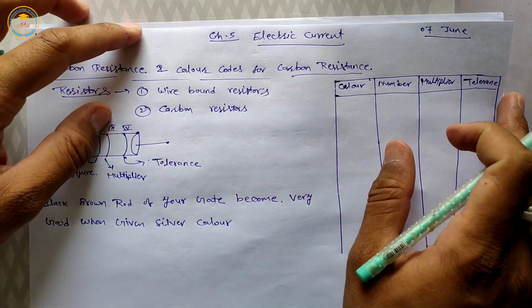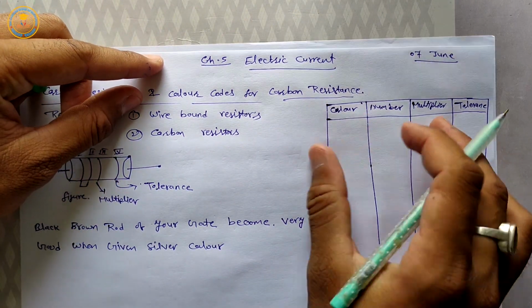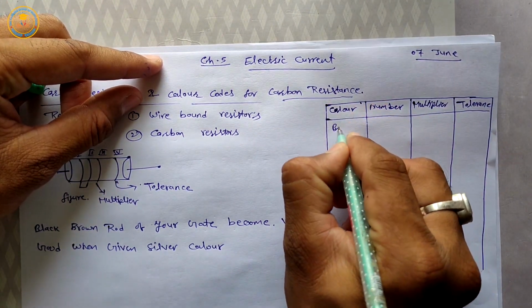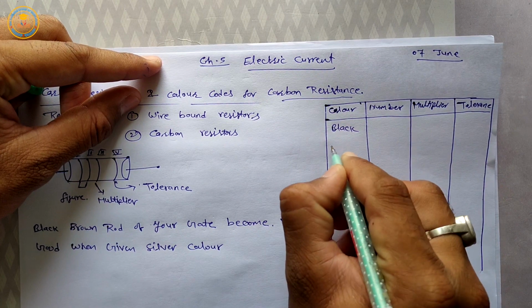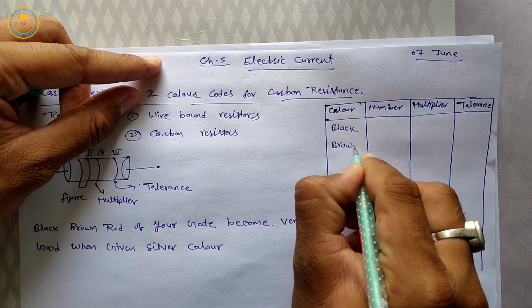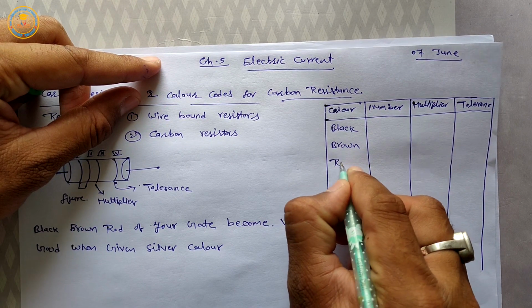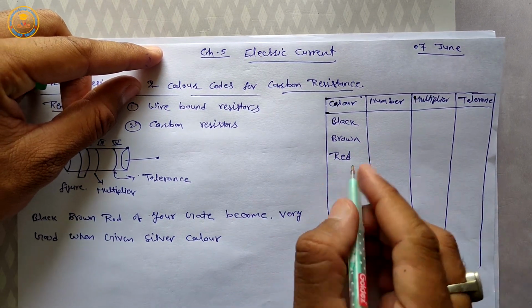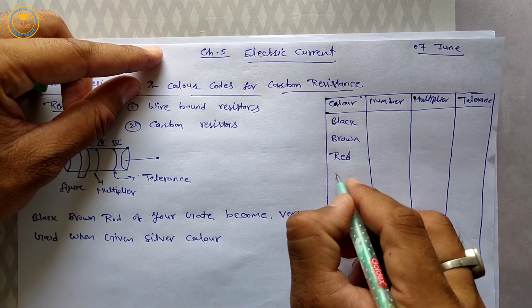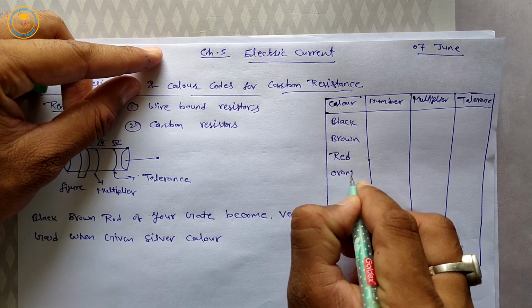From this trick we can write: first is black, second brown, third R, R is red, O means orange.